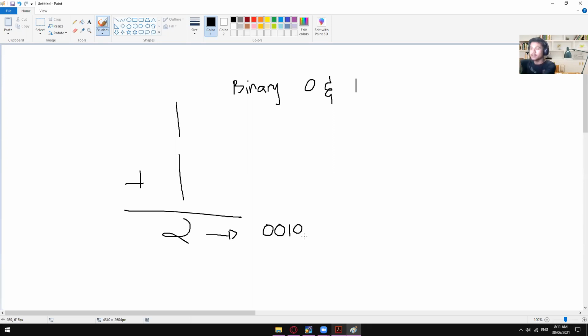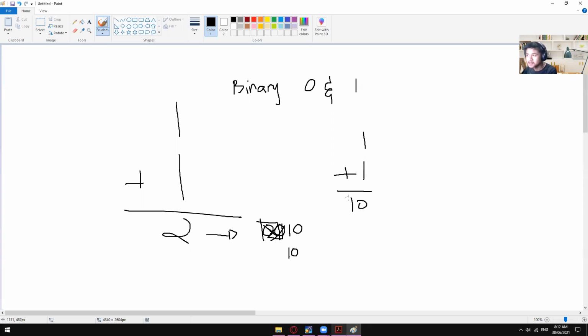Okay? And as you can see right here, you can remove the leading 0s, and then the remaining answer will be 10. So that's why 1 plus 1 in binary is 10, or 1, 0, because you have to activate the 2 in here.